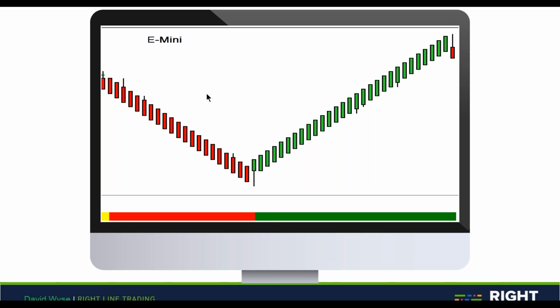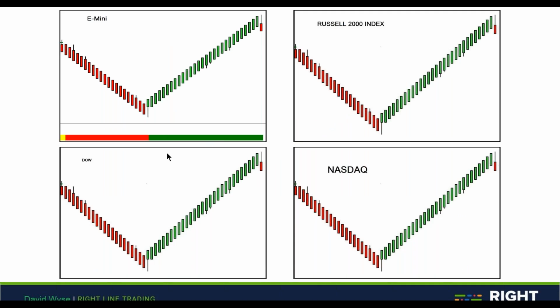Okay, this is the E-mini. So here, this is a simple chart. If you're looking at correlations, and let's say you're trading the E-mini, and here the E-mini is going up. If you've got the Dow going up, the Russell going up, and the Nasdaq going up with momentum on the same time frames, these would be the quants.